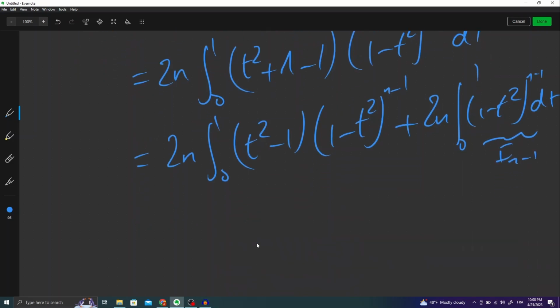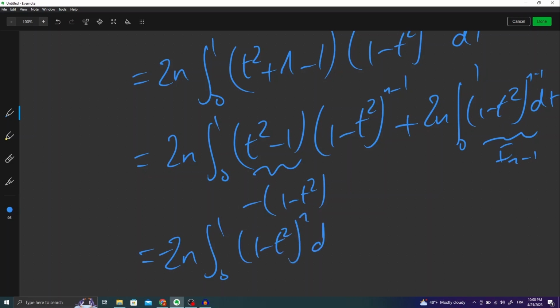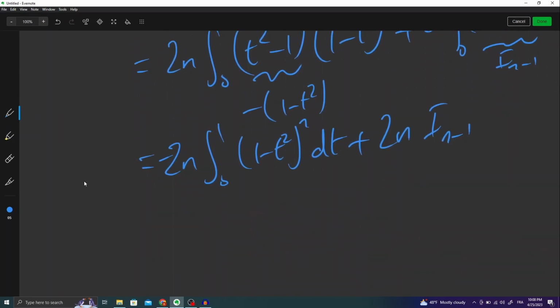And here, remember, this is 1 minus t squared. So if we multiply by this, we get minus 2n, the integral from 0 to 1 of (1 minus t squared) to the power of n dt, plus 2n I_n minus 1. Okay, so here is I_n, and this is I_n.